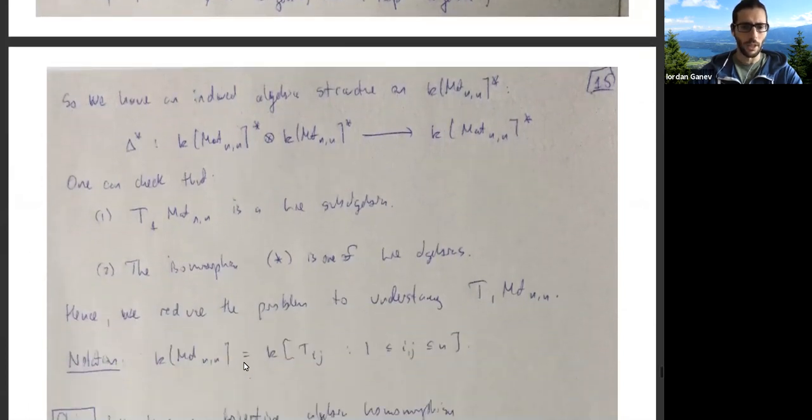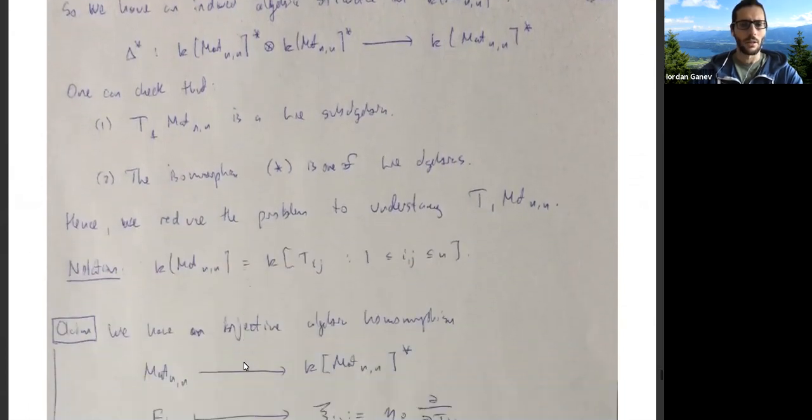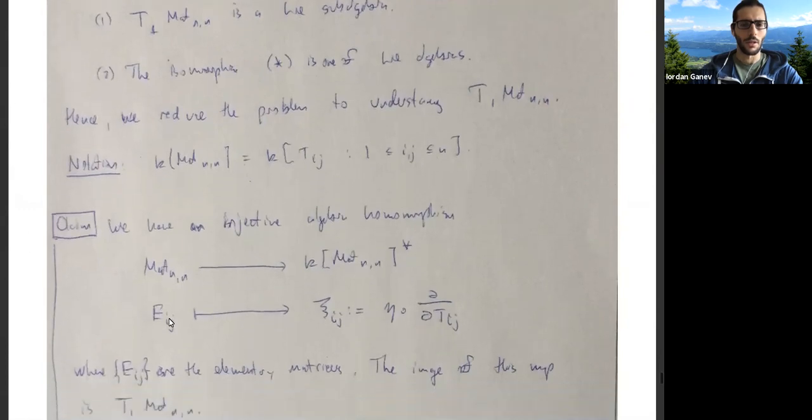So that was for matrices, and the claim was that there's a map from n by n matrices to the dual of the affine algebra of n by n matrices. And it's given by the following thing. We can define this map based on where the elementary matrices go.